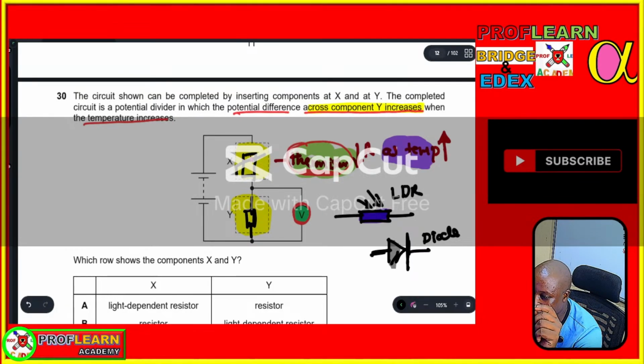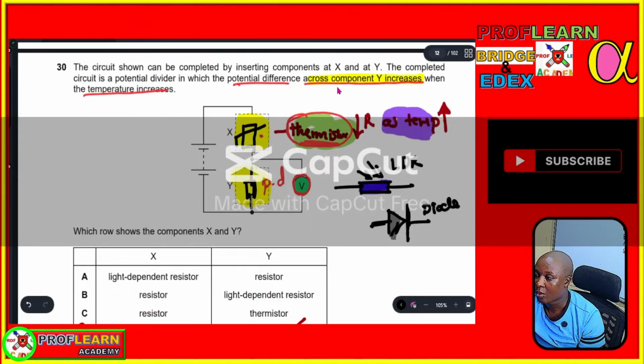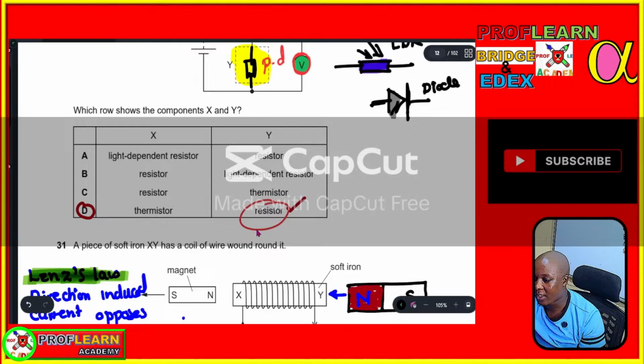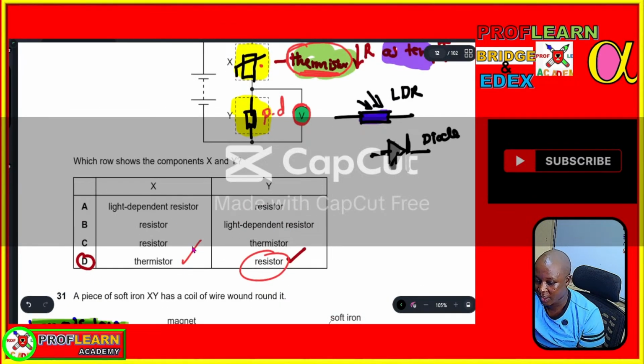If resistance decreases in this section, we are going to have less potential drop here, and therefore a larger potential drop, a higher PD, across component Y. So we are going to fix a thermistor here, so that when temperature increases, resistance goes down, and down here we are going to have a resistor for that case.